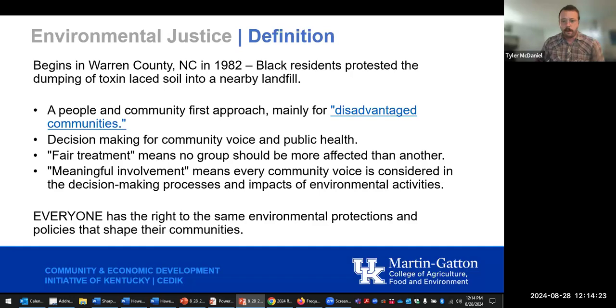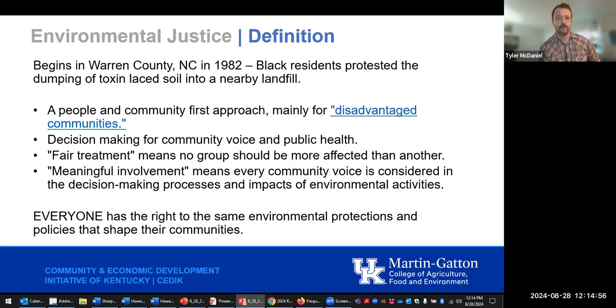There were a group of Black residents who noticed that there was going to be the dumping of toxin-laced soil into a nearby landfill. So those residents organized, they mobilized, and they started demanding more accountability and involvement in the processes that were affecting their own neighborhoods, because historically a lot of these sorts of toxic sites were located in Black neighborhoods.